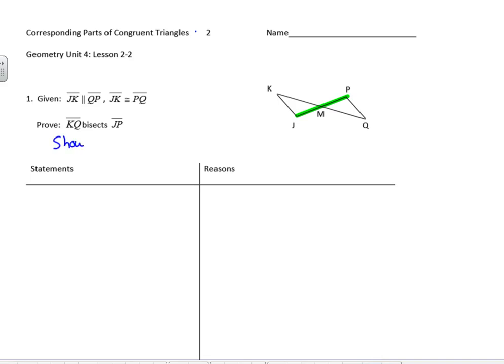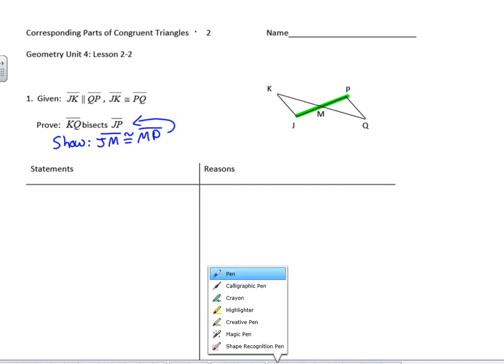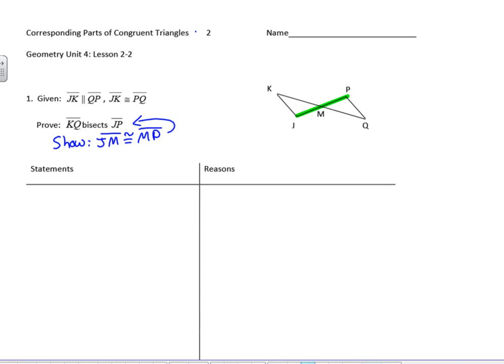Here's what we have to show, or what we've got to get to: that JM is congruent to MP. If we could get there, we can go from there to prove the thing we're trying to say. Well, how do we get there? Let's see what we're given and go from that standpoint.